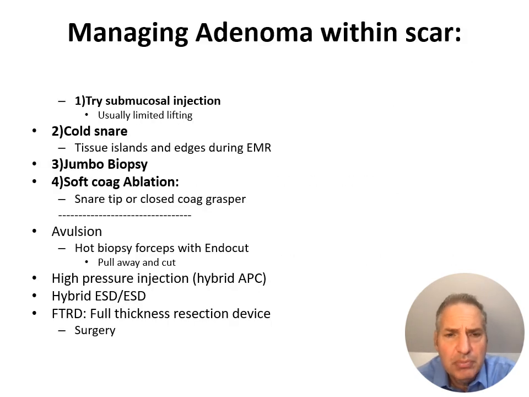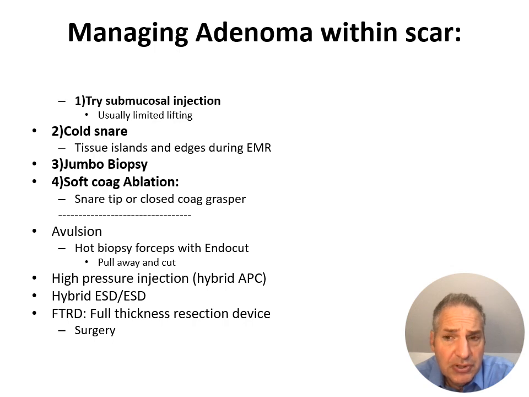I typically approach managing adenomas within areas of scarring in the following sequence. I usually try submucosal injection first, although there's often limited lifting due to the scarring, but this can help define where the areas of scarring are most prominent. I would then remove as much of the tissue as possible with a cold snare, and this can often be quite effective.